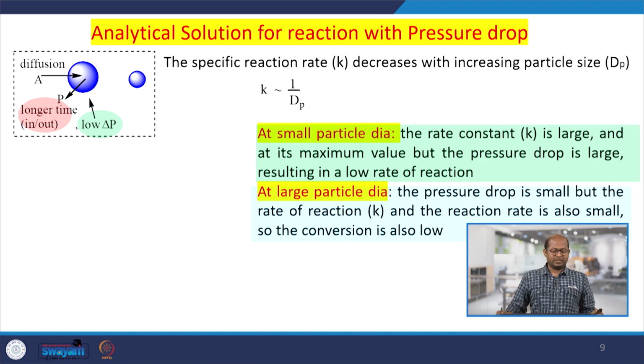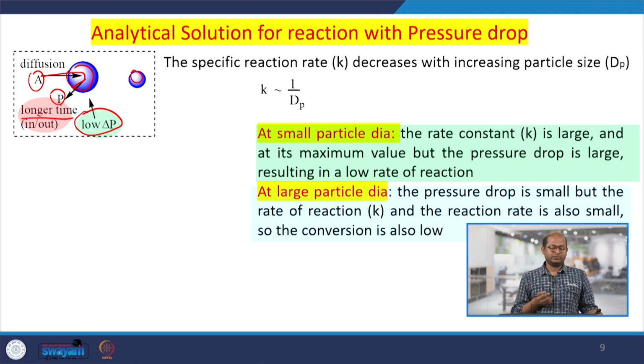So, here you can see, this is our particle with larger diameter, this is smaller diameter. So, in this case this is reactants, after reactions this is the product. So, if we change the particle size by increasing the diameter of the particles, larger diameter instead of smaller diameter.